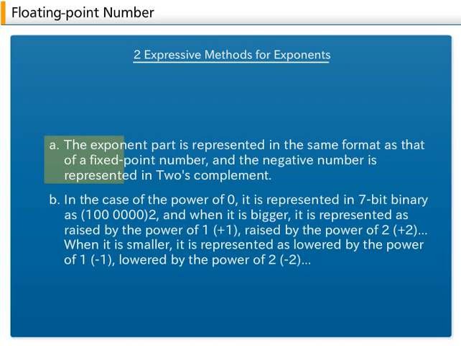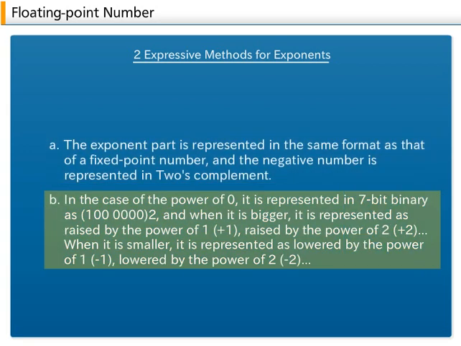A. The exponent part is represented in the same format as that of a fixed point number, and the negative number is represented in 2's complement. B. In the case of the power of 0, it is represented in 7-bit binary as 100 0000, base 2, and when it is bigger, it is represented as raised by the power of 1, raised by the power of 2 and so on.